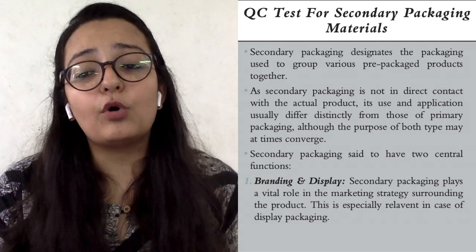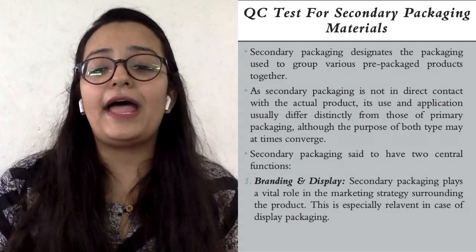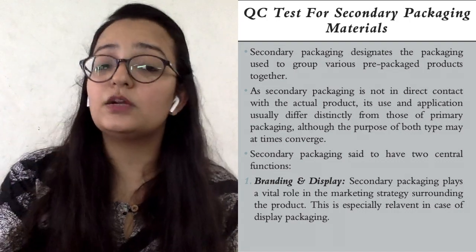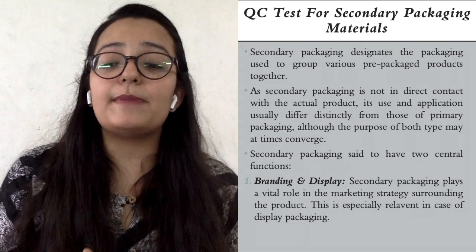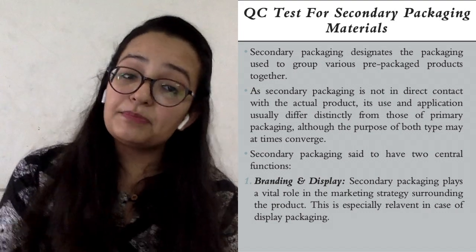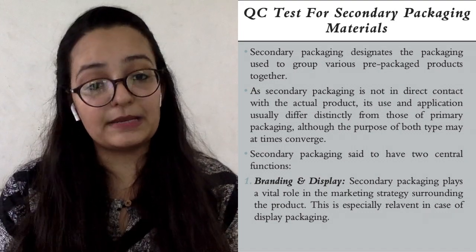Although the purposes of both types at the same time converge, secondary packaging is said to have two central functions, one that is branding and display and another that is logistics. In the case of branding and display, secondary packaging plays a vital role in the marketing strategy surrounding the product. This is especially relevant in the case of display packaging.